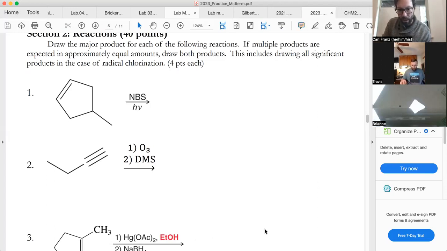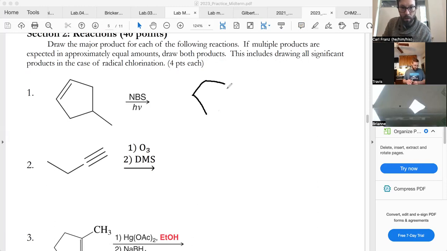Sorry, hopefully they'll get better over time. Right, we have that. And then we are just going to put the bromine on that allylic carbon, the carbon next to that double bond.